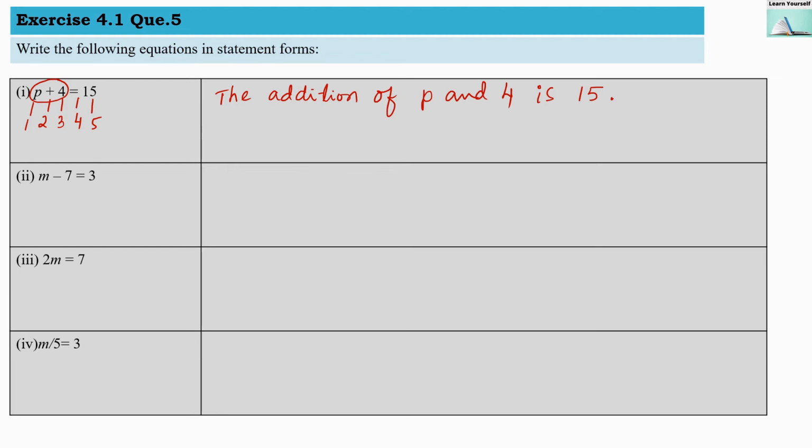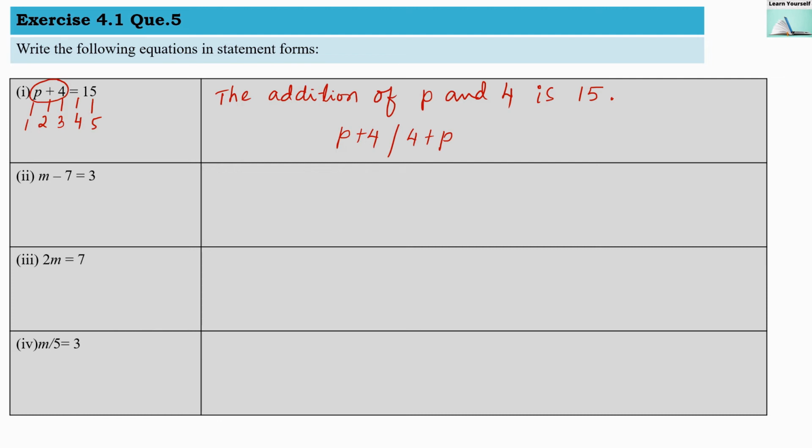Second equation. M minus 7 equals to 3. When it is an addition, it will be easy because in any sequence you can add the numbers, either p plus 4 or 4 plus p. It will give you the same result. But this will not be the case with subtraction.